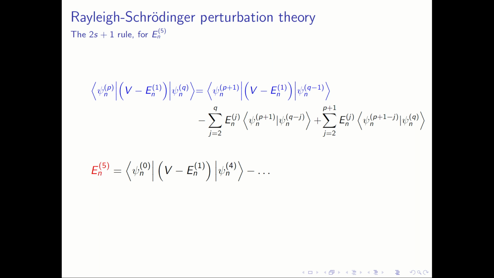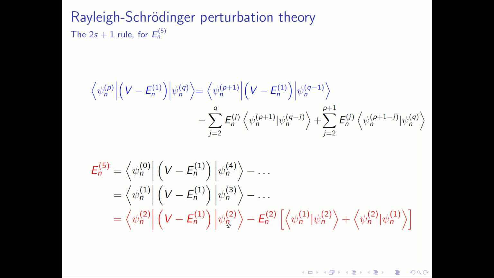But what we do is 0, 4, we change that to psi n1, psi n3, of course with more terms here. And now you have 1 and 3, and now you still have scope for going further. That is, you can raise this one even further, lower this three even further, and you get psi n2, psi n2.